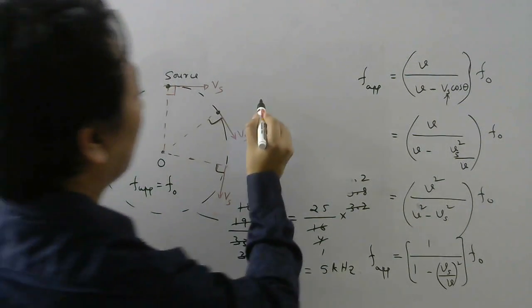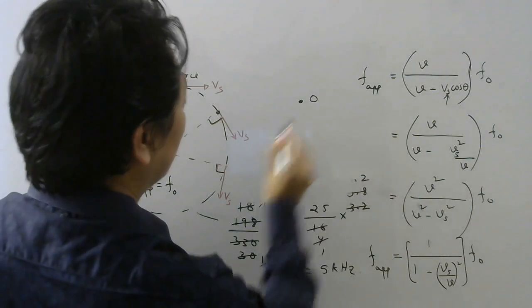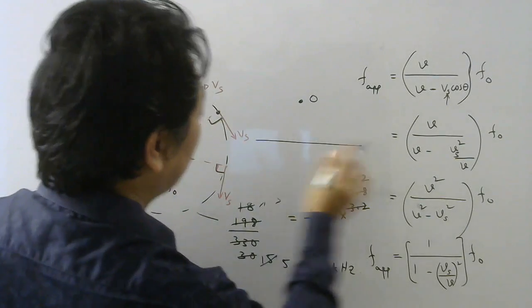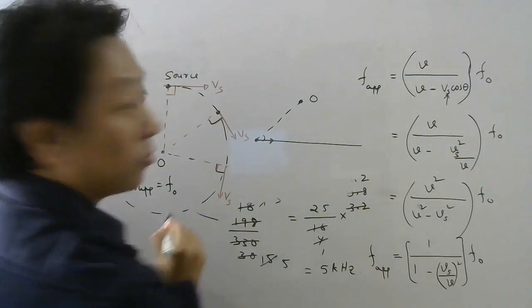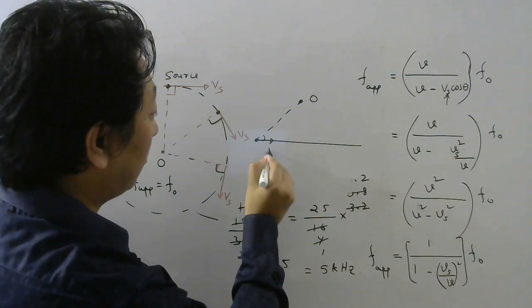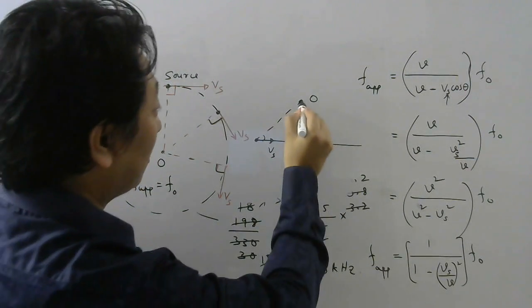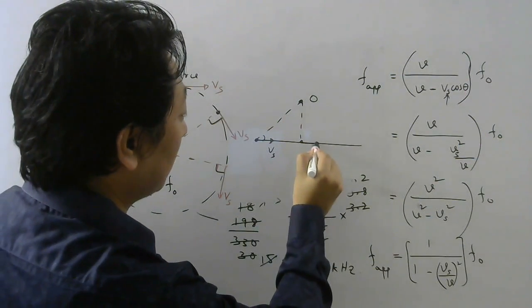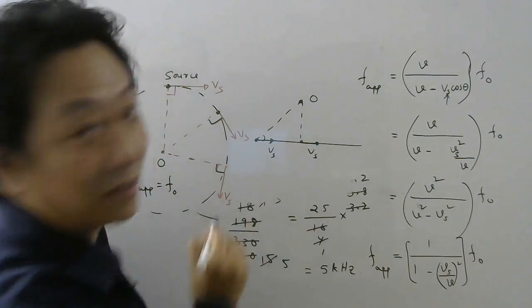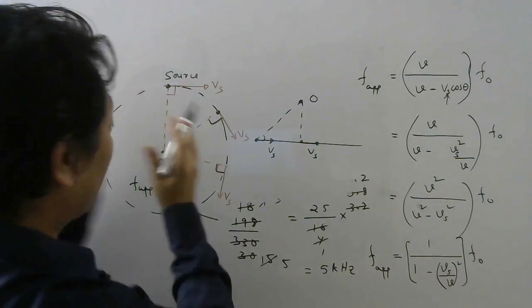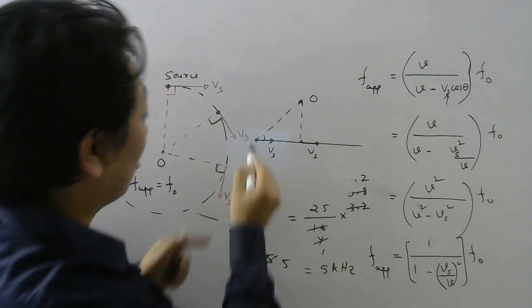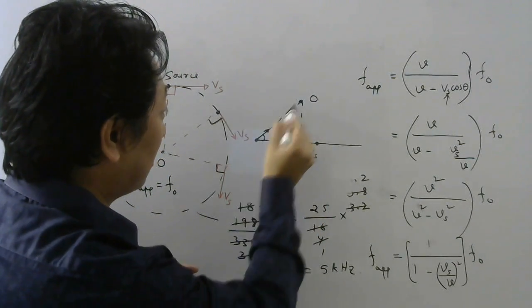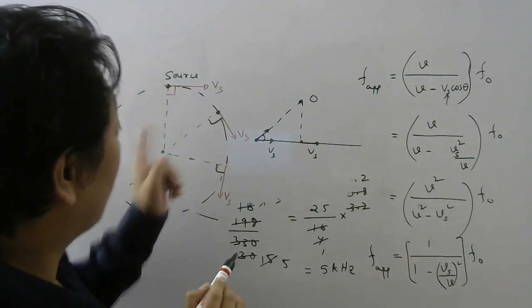But in the given problem, if you remember, here was the source and the observer was moving this way. So when the observer was here, this line joining was not making 90 degrees with Vs, right? Only when it reaches here, that time it was making 90 degrees with this line. So please understand, do not apply the logic of this to this question. Here the component of Vs along this line keeps changing, unlike here.